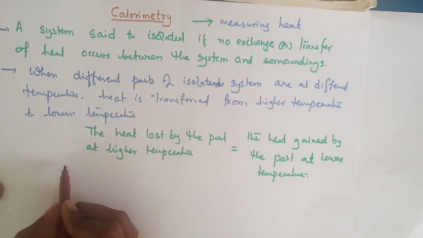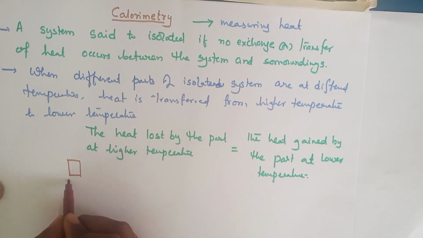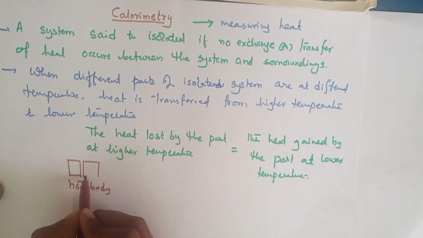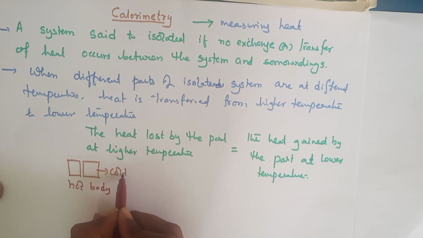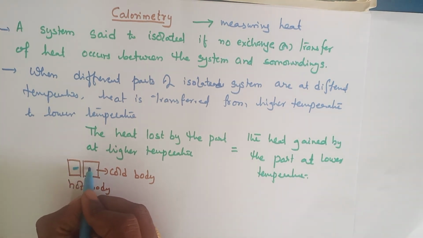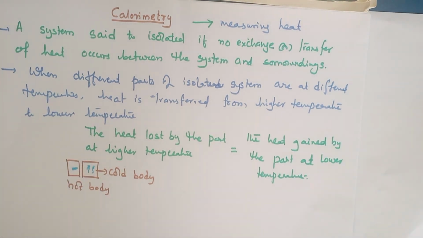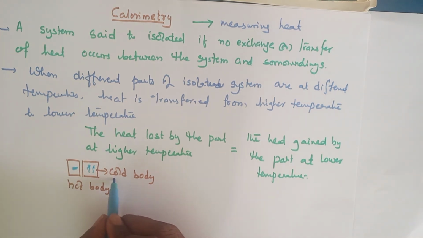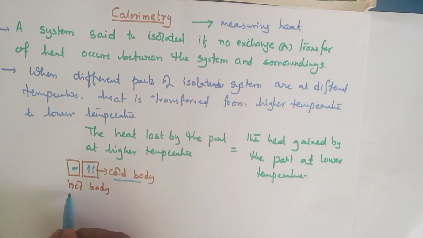Now suppose a hot body is in contact with a cold body, what happens? The hot body will lose heat and the cold body will gain heat. So the hot body becomes cool. Both will come to a common temperature, which is called the equilibrium temperature.